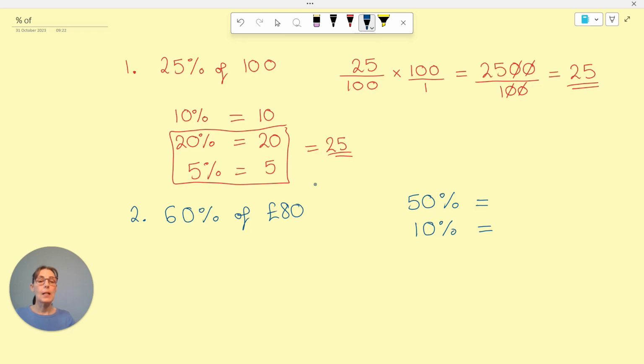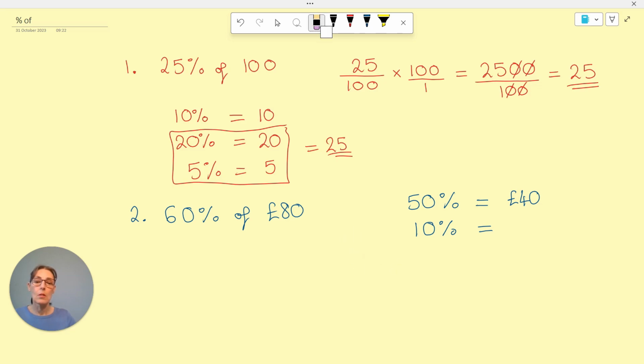So 50%, or half, of £80 is £40. And 10% of £80, we're dividing by 10 because 10% is 1/10. Remember, 10% is the same as saying 10 hundredths. And we can divide the top and bottom by 10, which is 1/10.